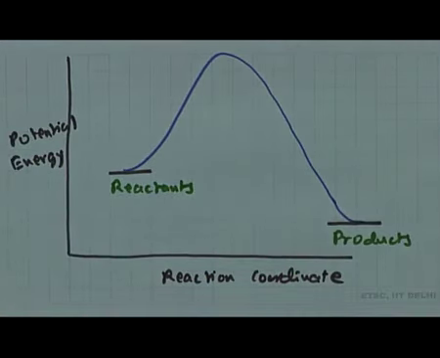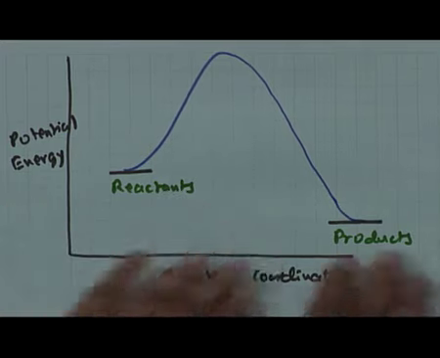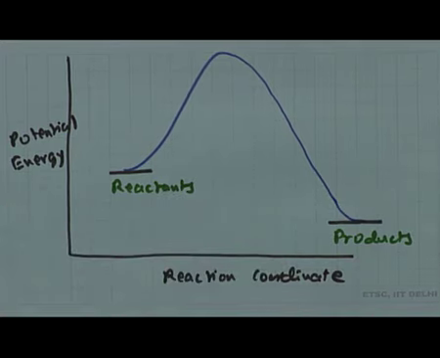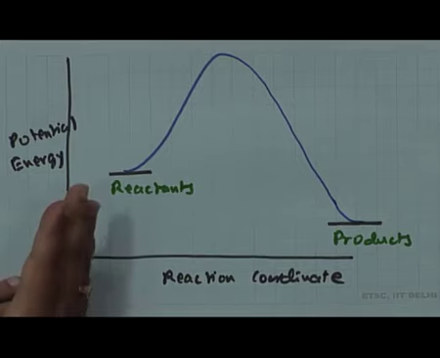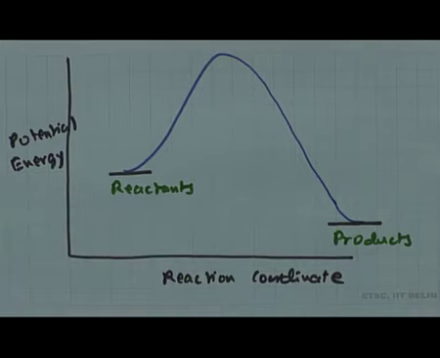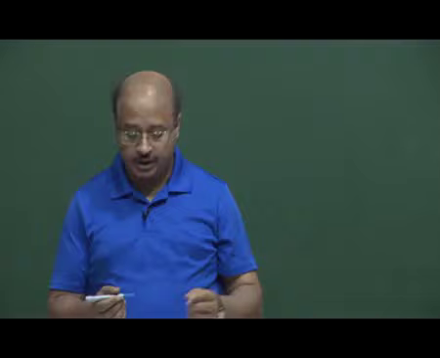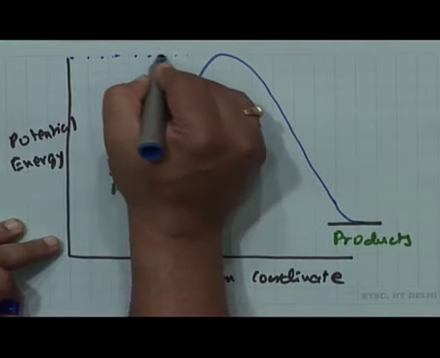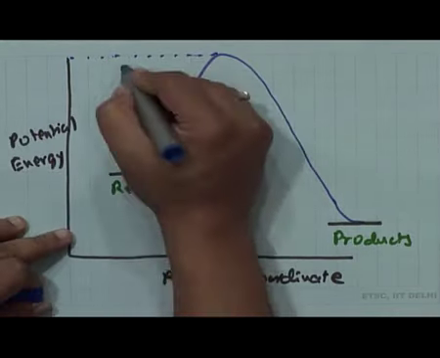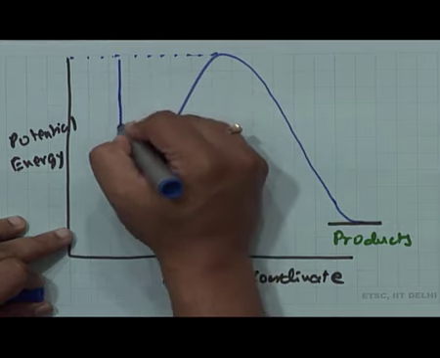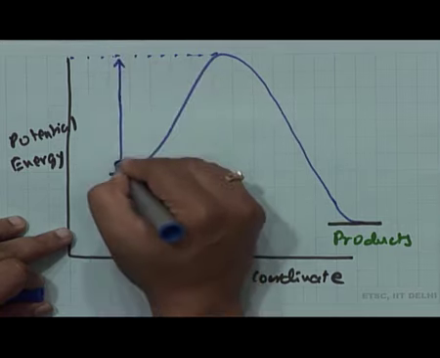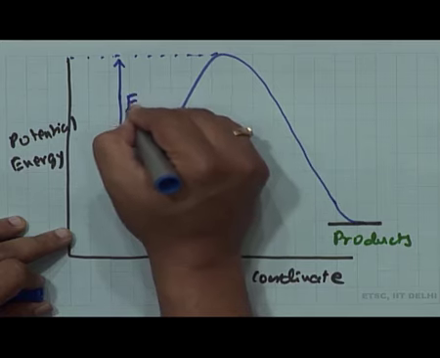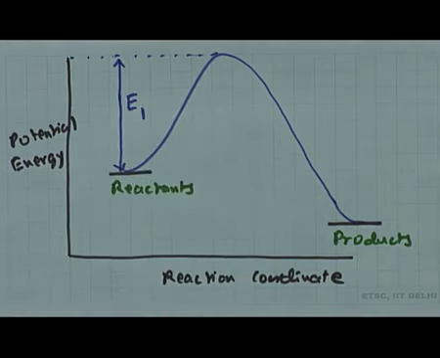So, what you are seeing here is I have my reactant here and my product here, and on my way from the reactant to the product, if you remember the equilibrium equation we were talking about, if I take this maximum, this can be labeled as E1.